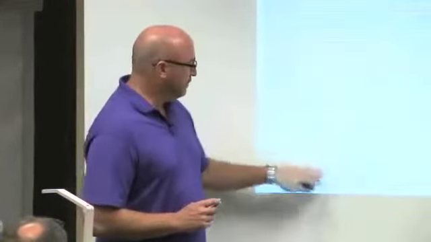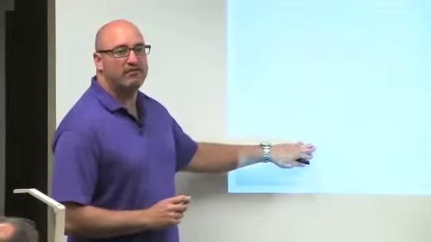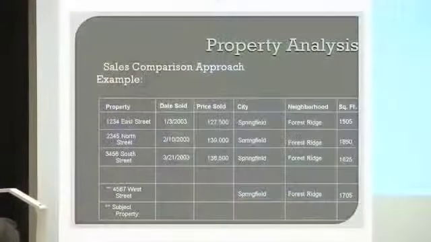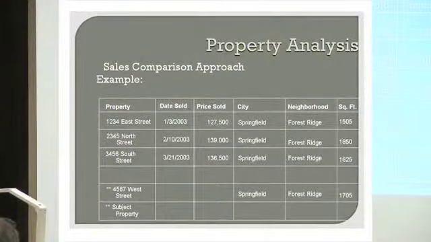Think of it almost very similar to the rent roll. If your subject property is here, 4567 West Street, and it's in the city of Springfield, the neighborhood of Forest Ridge, and the square footage is 1705, we're going to look at everything else that's sold in that neighborhood, that's sold in that city with a similar square footage or amenities.